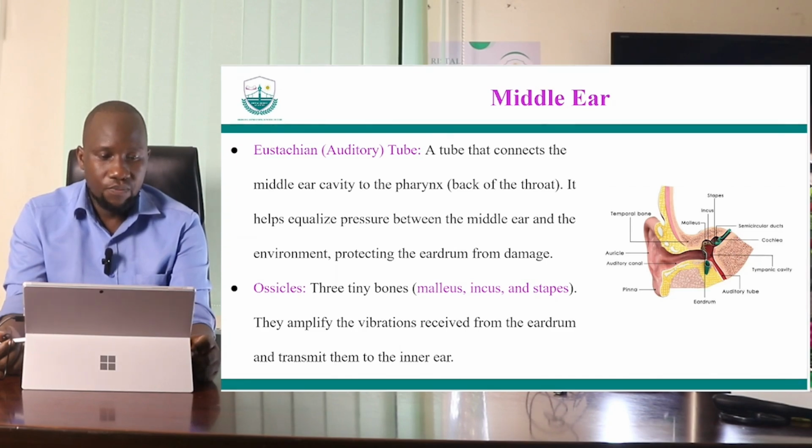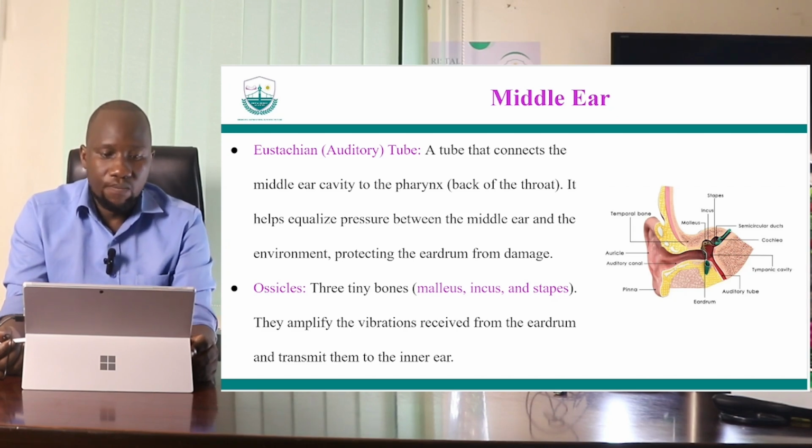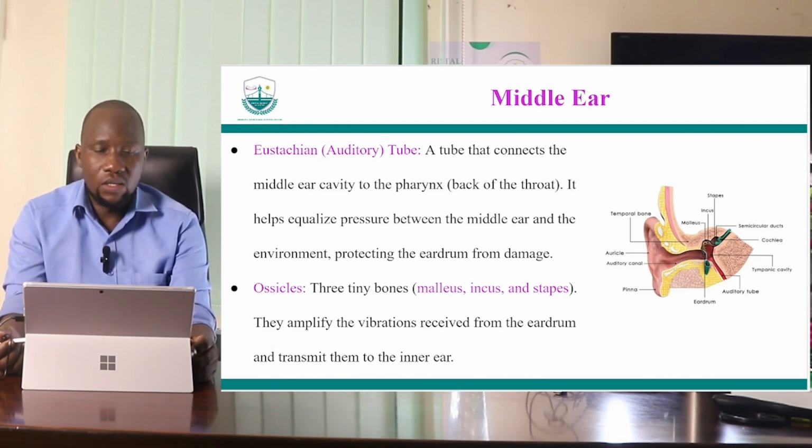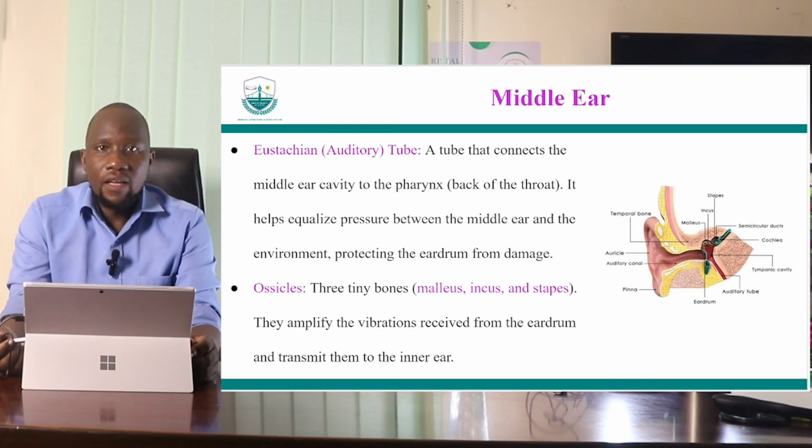That's very key. And then the second part of the middle ear are the three bones that we call the ossicles. Okay, the ossicles include the malleus, incus, and the stapes.